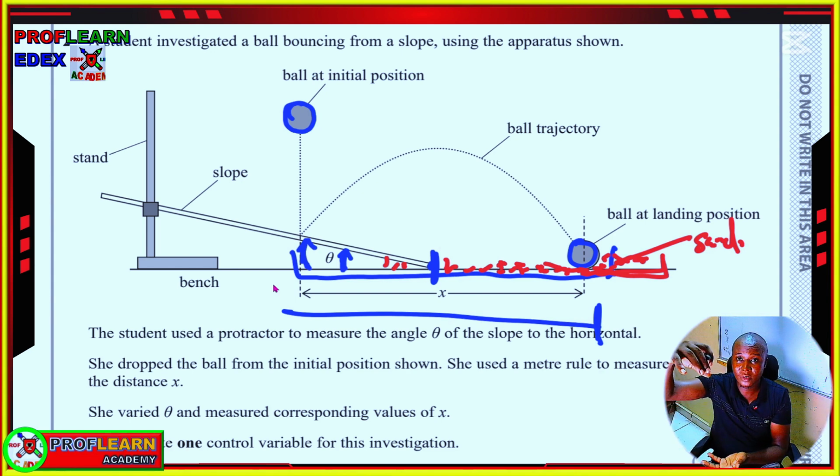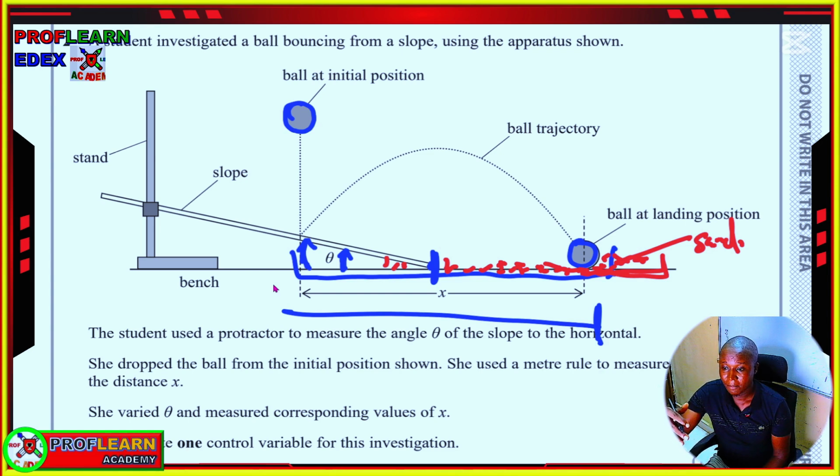We can control the type of ball you are using, because if you use a different ball, it may bounce at a higher rate. To ensure that we don't affect these values, we have to ensure that the type of ball used is the same. Also, we can talk of the point from where the ball is being dropped.